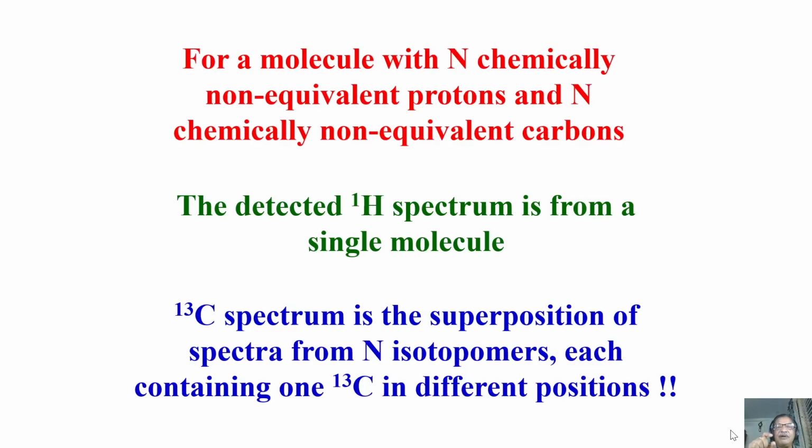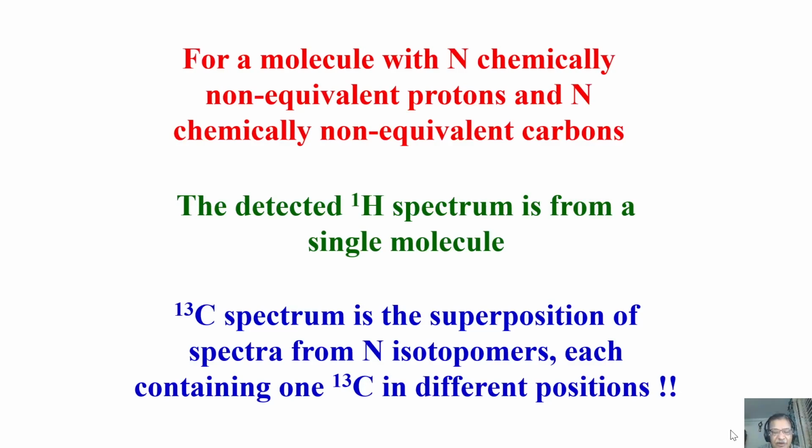Every carbon-13 position will be an isotopomer. 10 carbons have 10 isotopomers, and then the individual spectrum of each of them is seen. Like I gave the example of ethyl alcohol, all of them will be superimposed. As a consequence, the carbon-13 spectrum is not from a single molecule or single isotopomer.